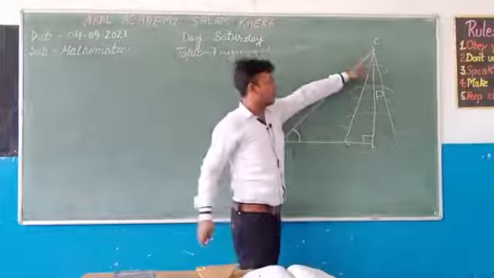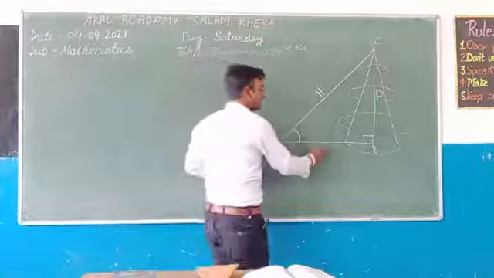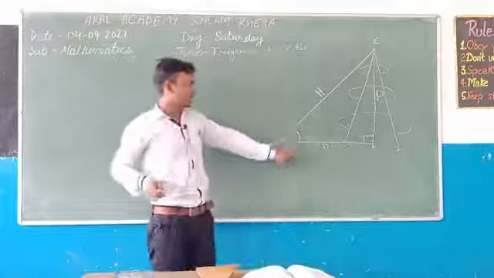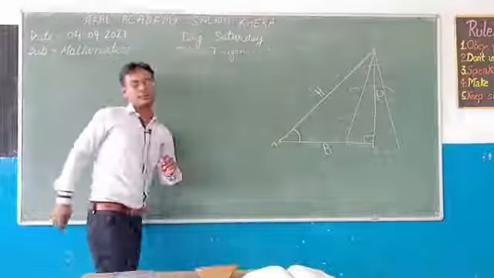So this is the perpendicular, and the other side is the base. So the three sides are hypotenuse, perpendicular and base.